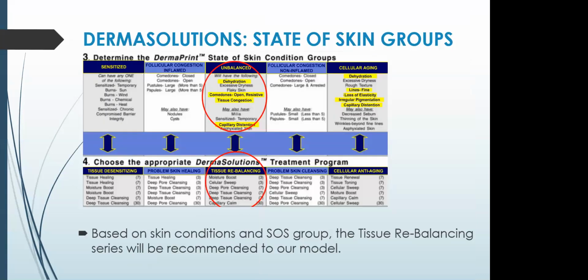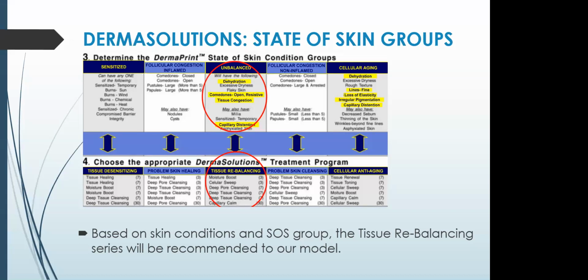Now, if your client cannot come in within the days recommended, that's okay. These are just suggested days to give your client the maximum results. So for the tissue rebalancing, if your client says, yes, I want to schedule my series of 6, the first one you're going to do is the moisture boost. You're going to tell your client, okay, in 3 days, you need to come back to receive your next treatment.